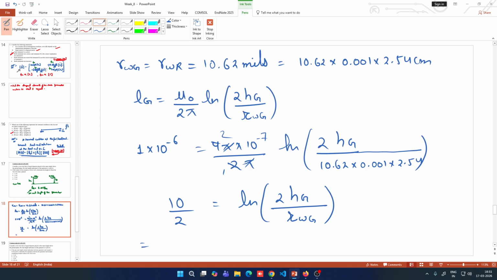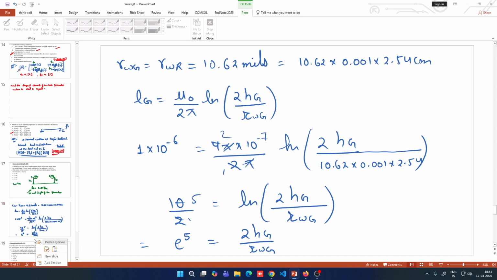Since ln is the natural log, we can take exponential on both sides. So here it becomes e to the power 5, and then the exponential of the ln becomes 2Hg by Rwg.